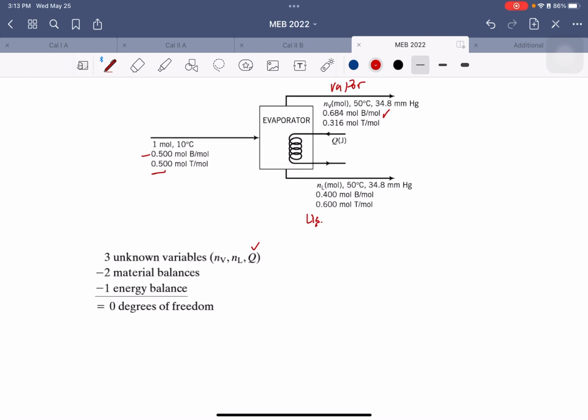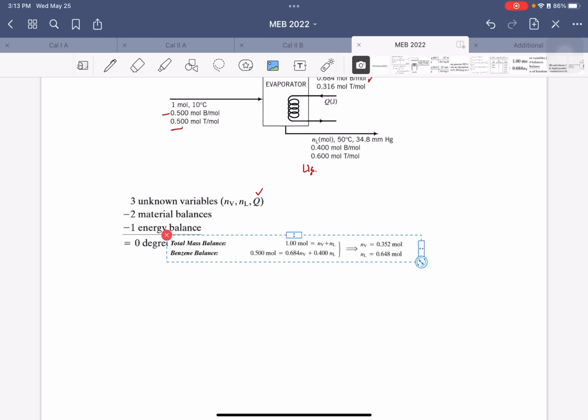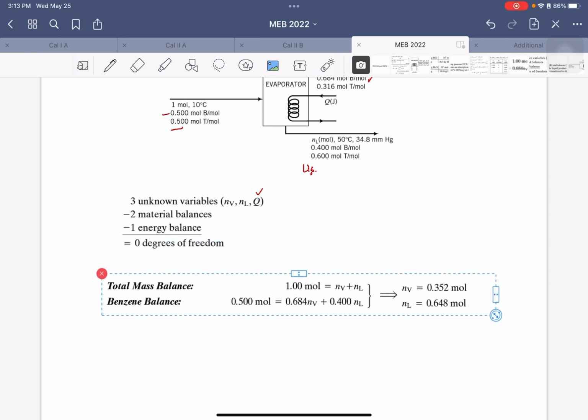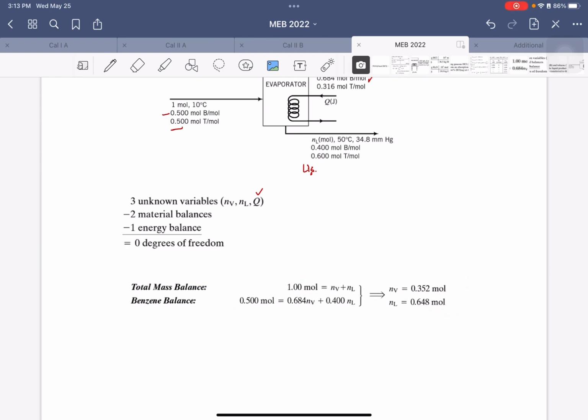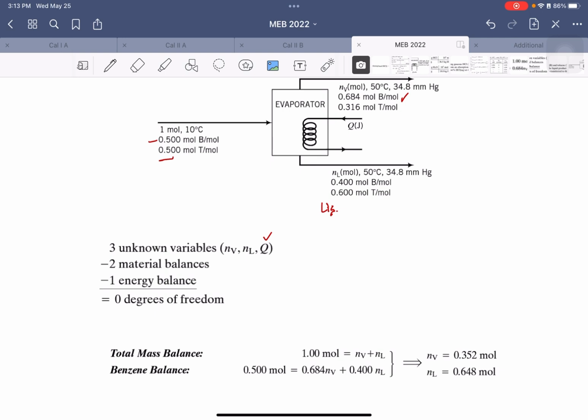All right, now we can write down the material balance for the benzene and toluene. So we have the total mass balance. The first step is to realize that this mole is from 1 mole. For 1 mole becomes moles of vapor and moles of liquid, right?